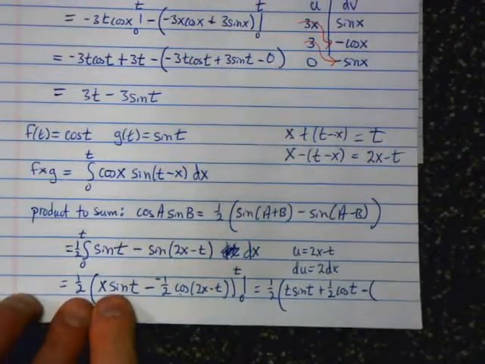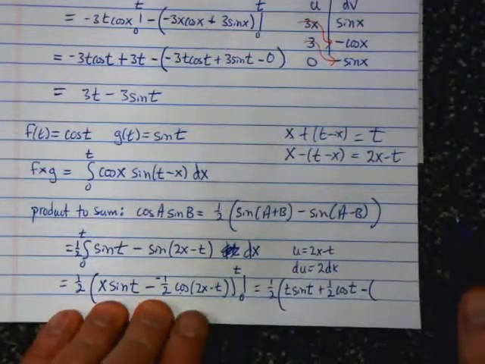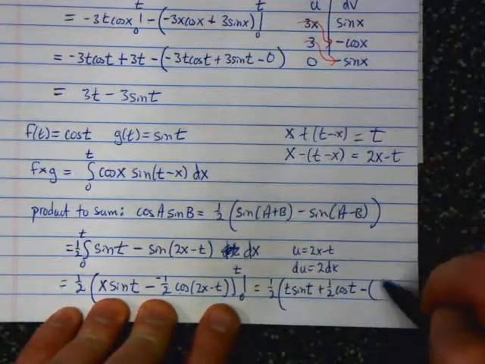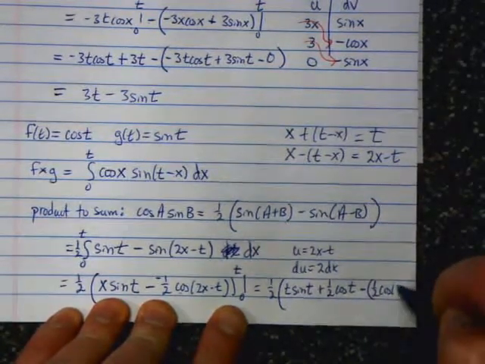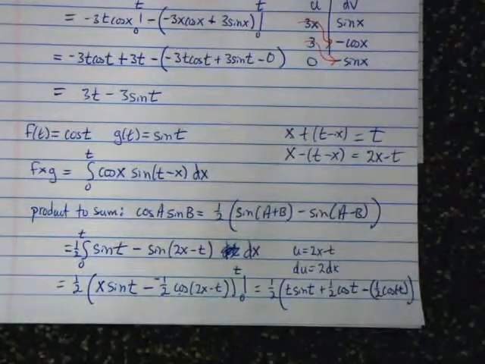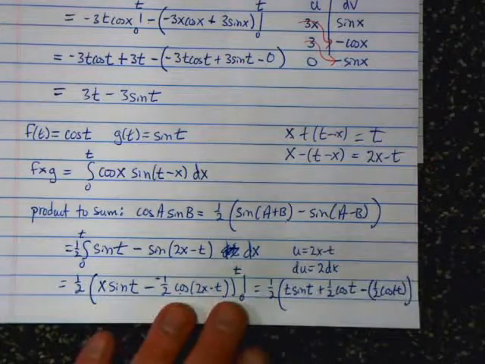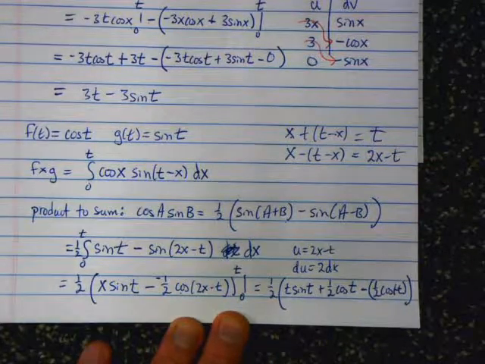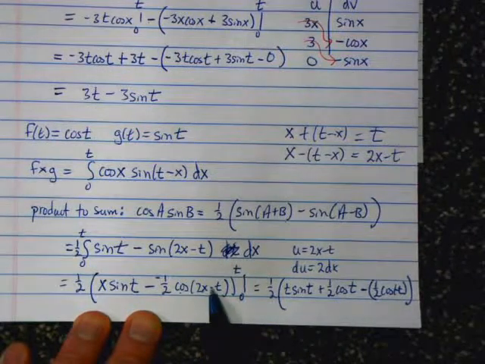When I plug 0 in, I get 0 right there. 1/2 cosine of negative t, right, because I'm plugging 0 in for x. So I'm going to have 2 times 0 minus t, that's negative t.